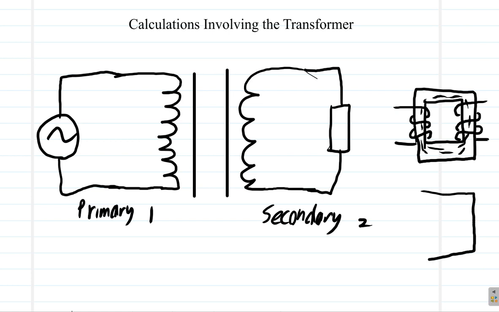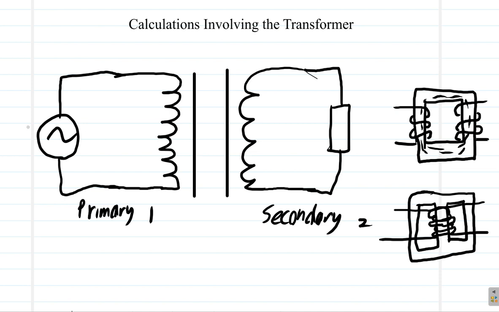Although in reality though, it's much more efficient to have an arrangement like this, where you have the primary coil wrapped around the middle core. The secondary coil is wrapped around the middle core as well. Alright? Both of them wrapped around the same leg of the iron core, or I should say the middle leg. You have much more efficiency in this case.